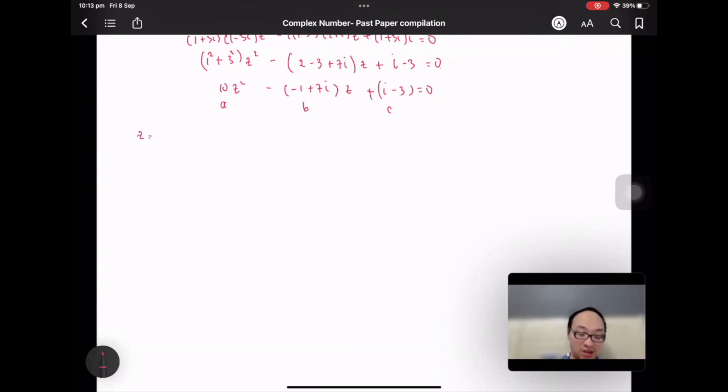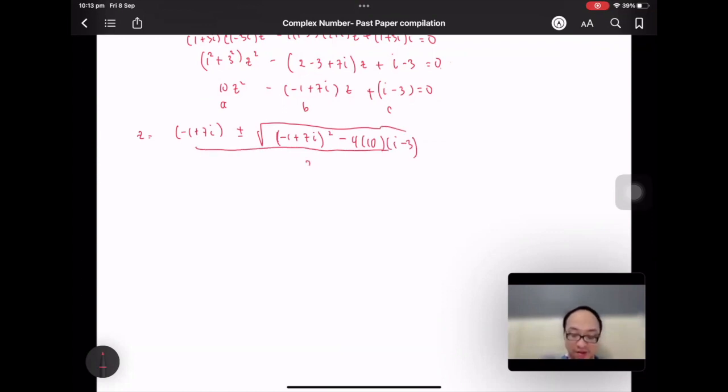So z equals minus b, negative 1 plus 7i, plus or minus the root of (minus 1 plus 7i) squared minus 4ac, over 2a.